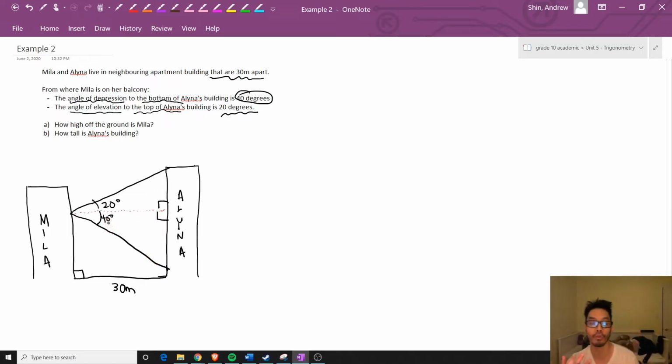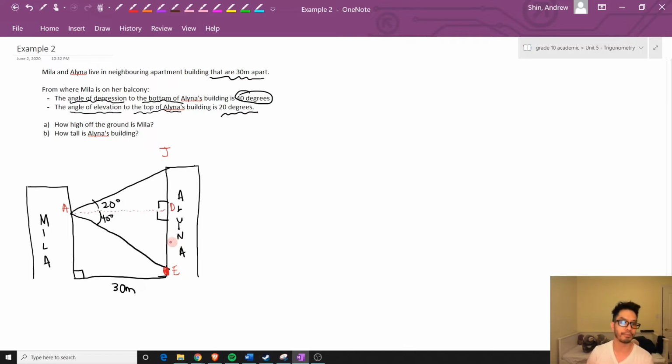And when there's a question with multiple triangles, it's very important to start labeling things. So we're going to label, I guess with a different color here, the different parts of the possible triangles that you see here. So there's J, A, D, and this should be the bottom of the building, so you're going to have to be a little bit careful here.